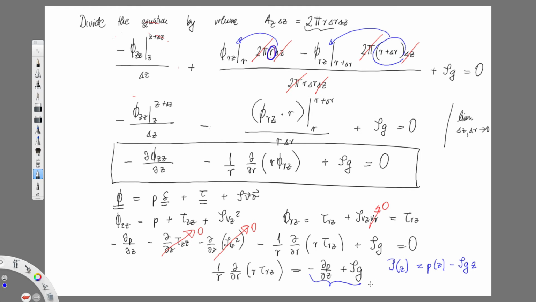So this term is then minus dp dz. And I'm going to call this flow potential, also sometimes called generalized pressure. Don't remember it verbatim.